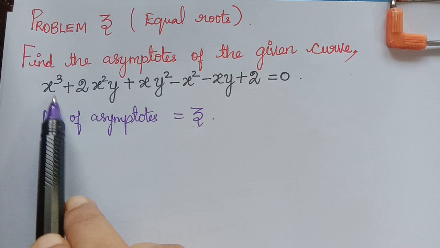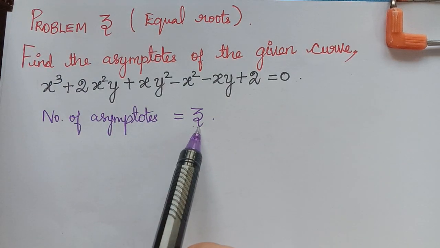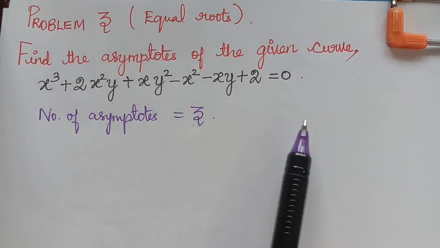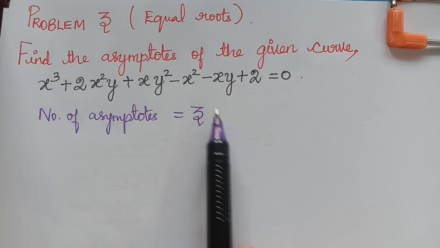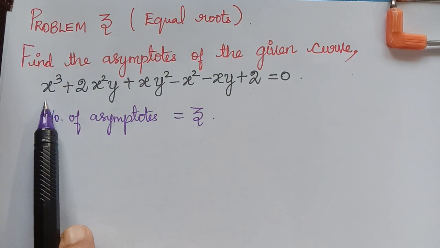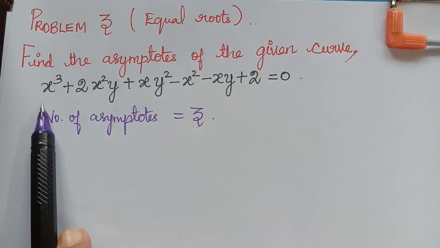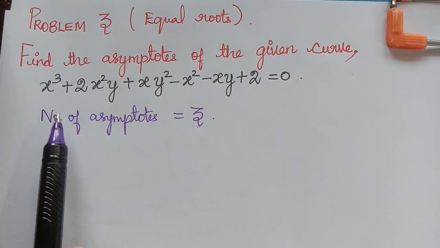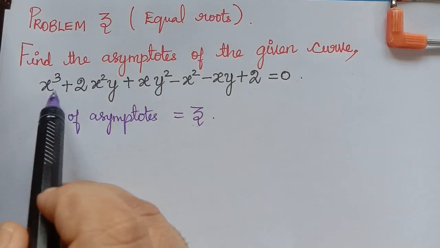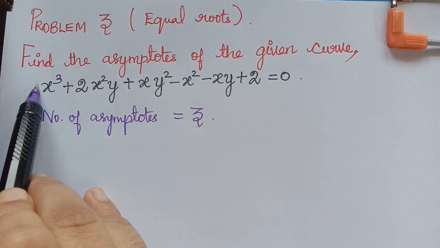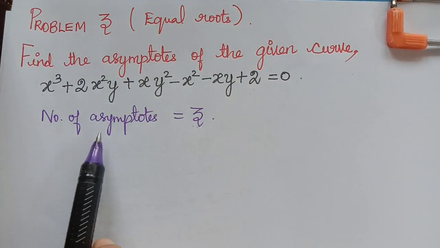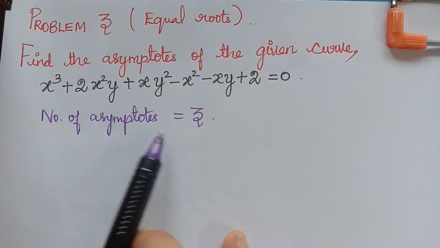So therefore there exists a coefficient of x cube, which implies that there is no parallel asymptote to x-axis. So if the coefficient exists, then there will be no parallel asymptotes. If it does not exist, then there will be a parallel asymptote to x-axis. But here we have the coefficient of x cube equal to 1. So therefore, there is no parallel asymptote to x-axis.